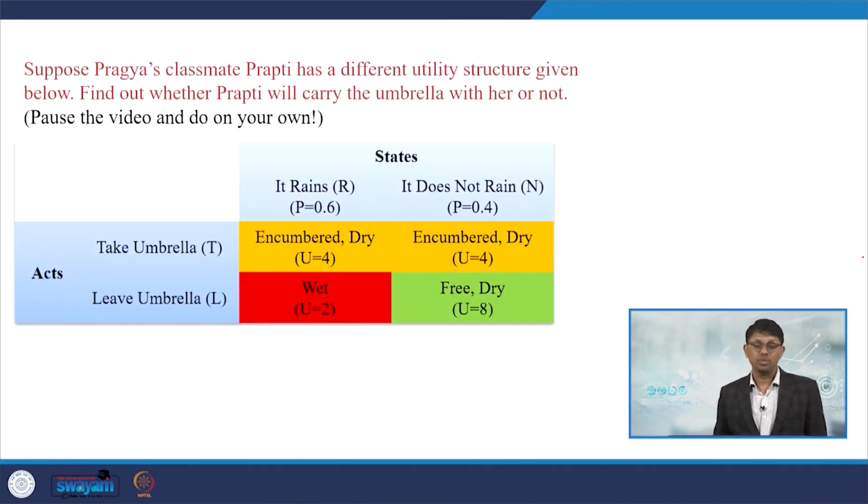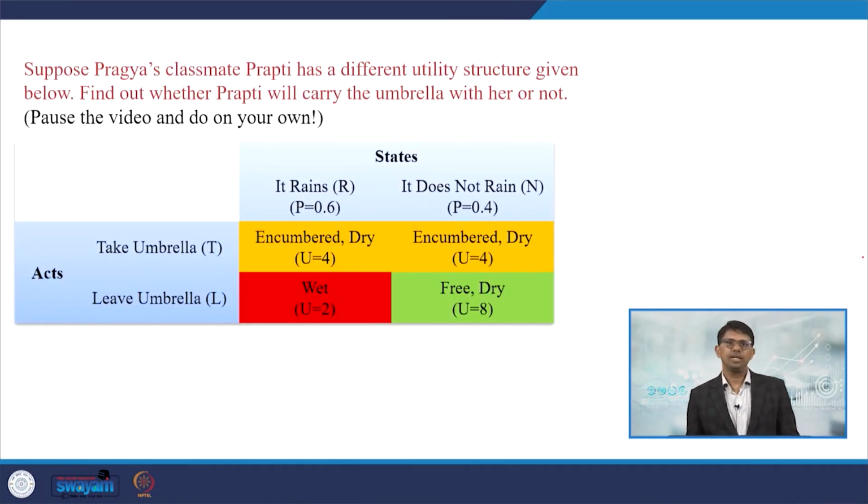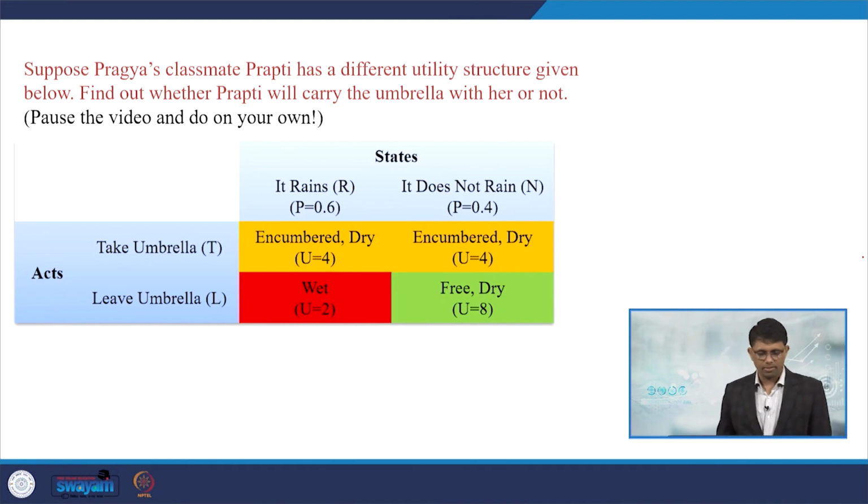Suppose Pragya's classmate Prapti has a different utility structure given below. Find out whether Prapti will also carry an umbrella with her or not. Using the same approach, the probabilities are the same, but the outcomes are different, and you can calculate and tell us the result.